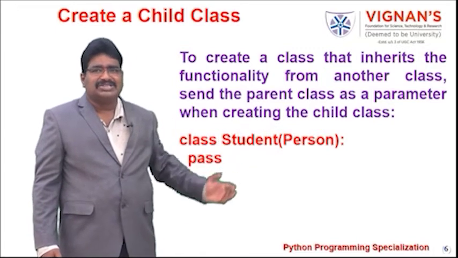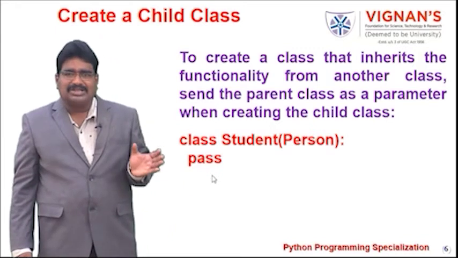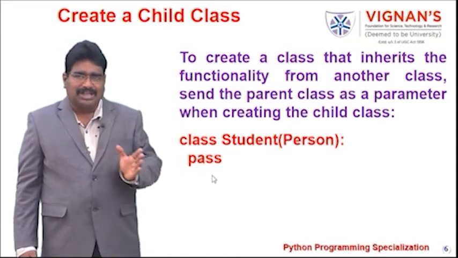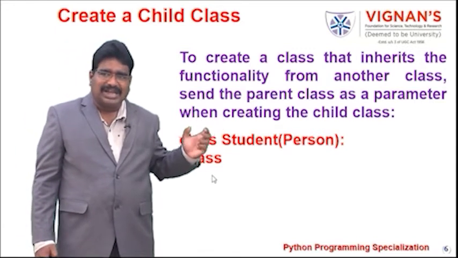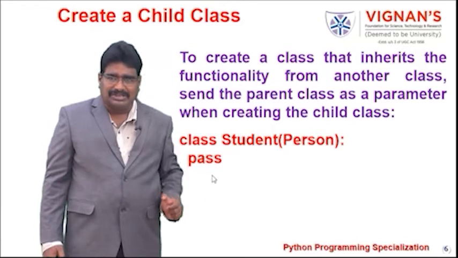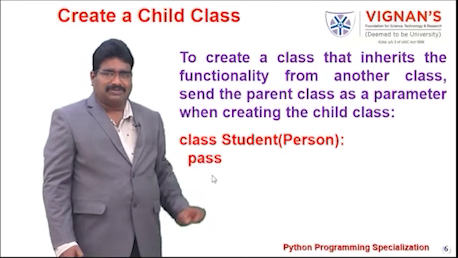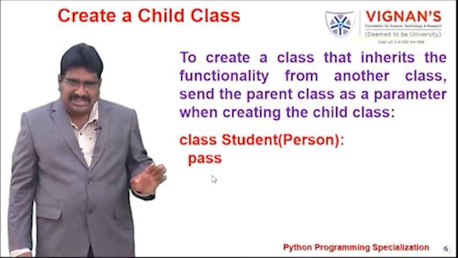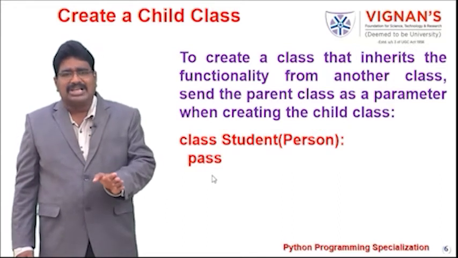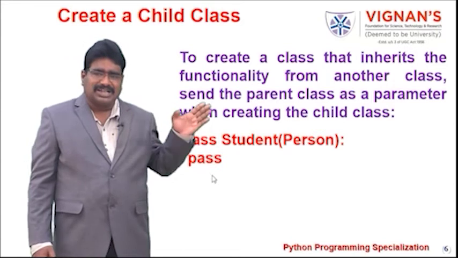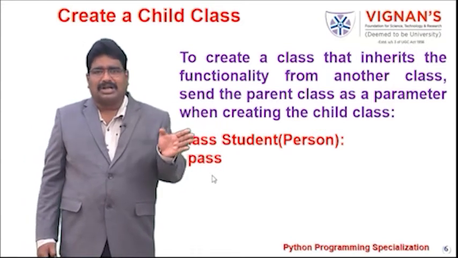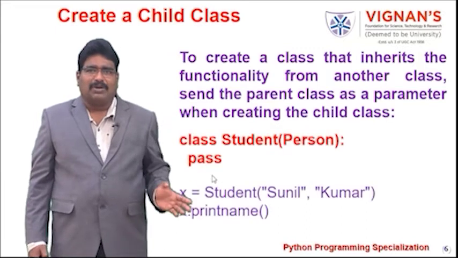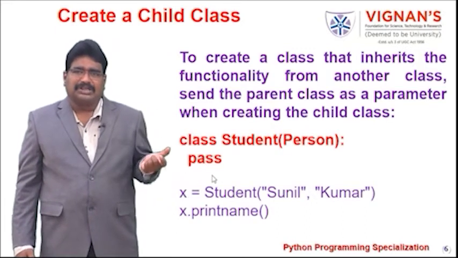That indicates that the student class has the attributes and methods available in the person class, and we are not adding any additional ones, so we use the pass statement. In this example, student is considered the child class, also called a subclass, and person is called the parent class, also called the super class.